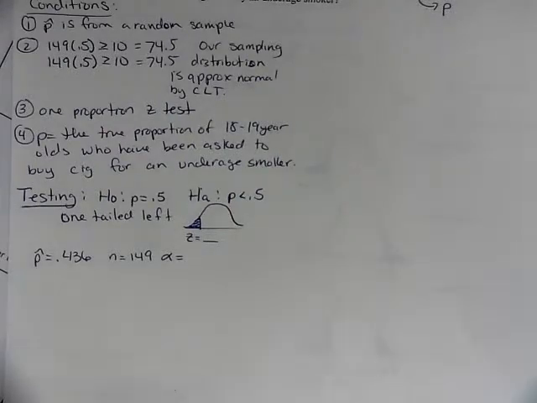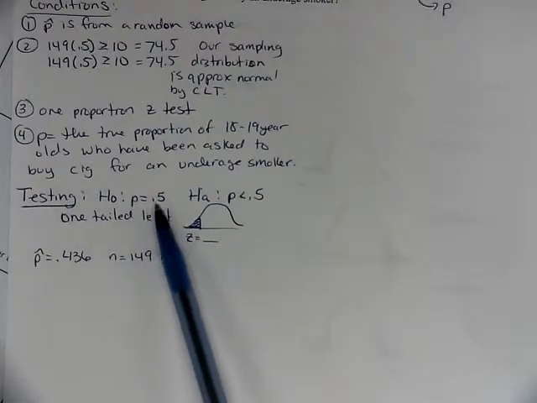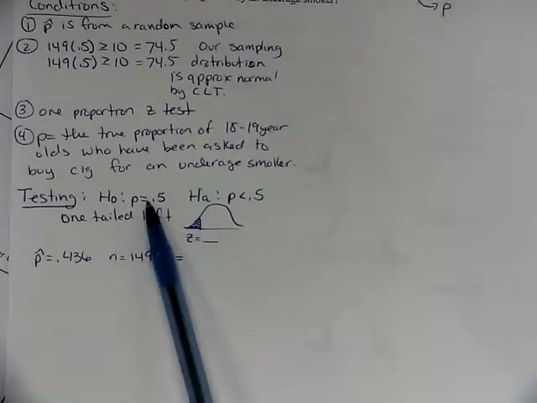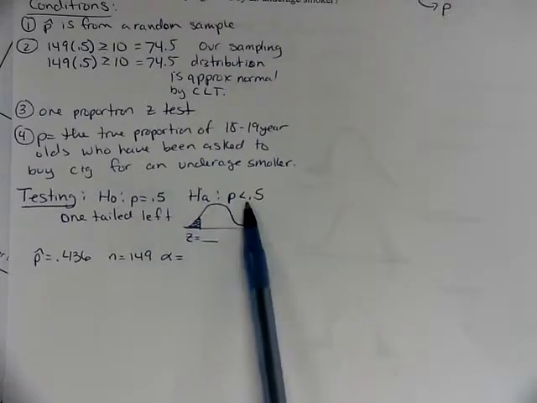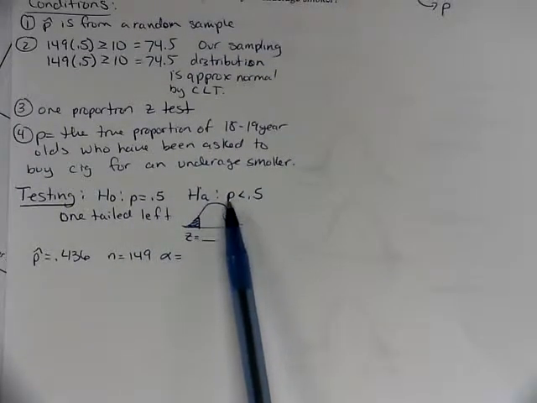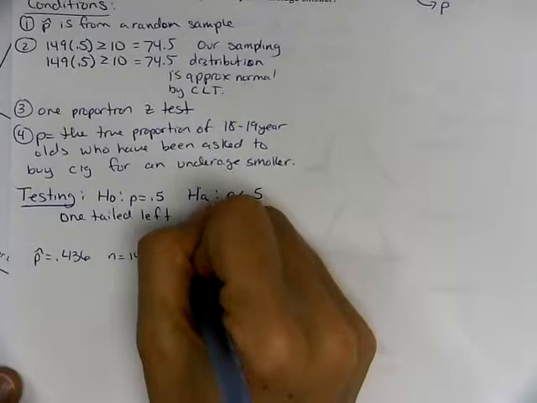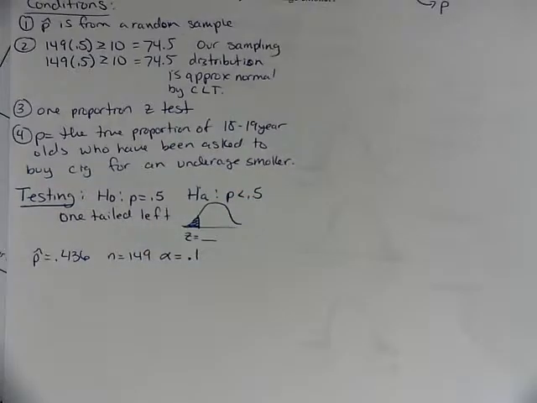If you think about your type 1 error, type 2 error, type 1 is rejecting this when it's actually true, so saying it's less when it's really equal to 50%. Type 2 is saying it's equal when it's really less than. Really, type 1 error is worse. But I know the answer, and I want a certain conclusion, so I'm going to make alpha 0.1 for now.